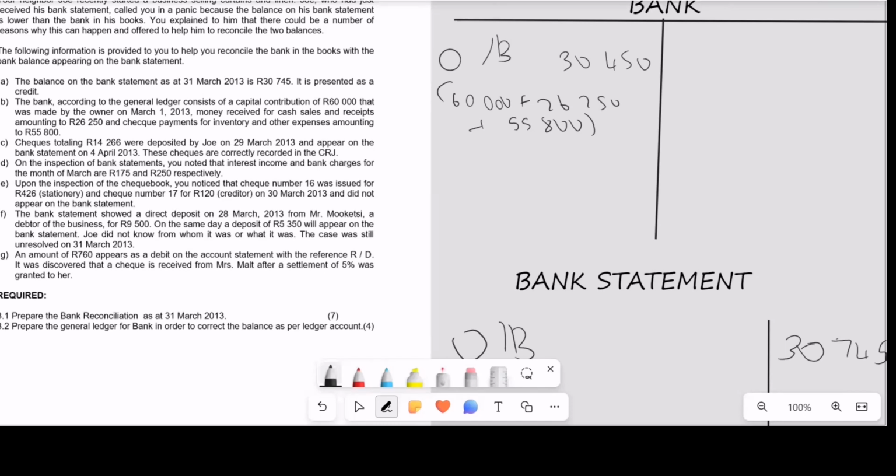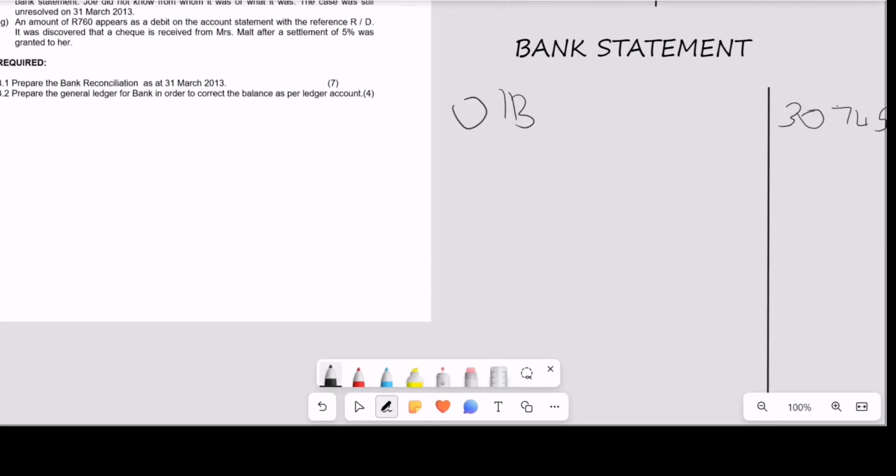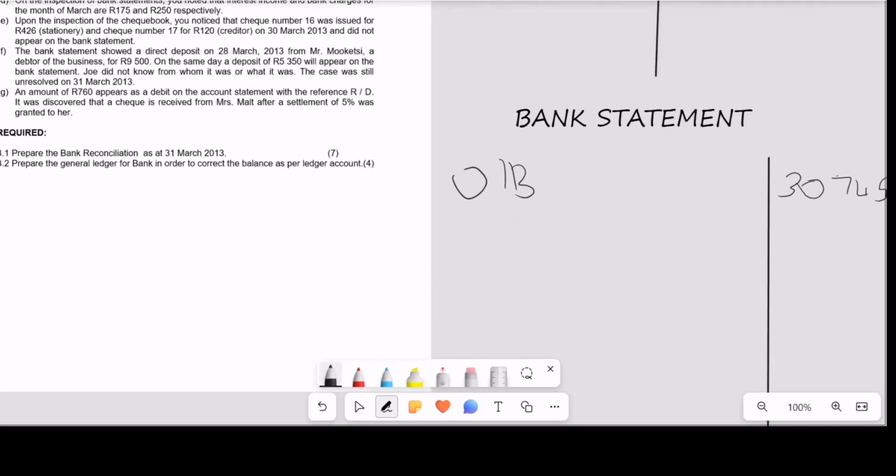Here they are saying it was deposited on the 29th of March. That means it's still within this month. But they say it's going to appear on the 4th of April, which means that in the bank, the amount will only be visible next month. But remember, since we're reconciling, in our books, in our bank, it's already there. But in the bank statement, it's not there yet. It's only going to be there on the 4th of April.